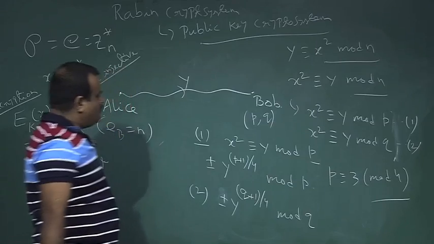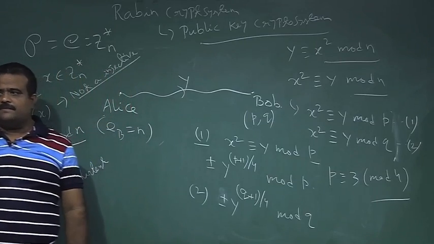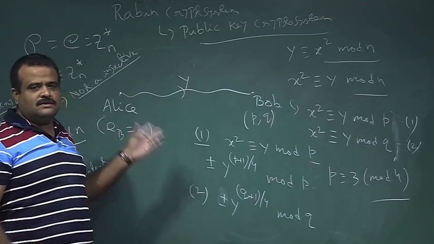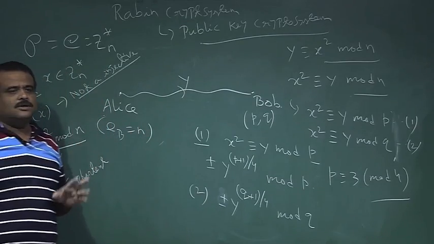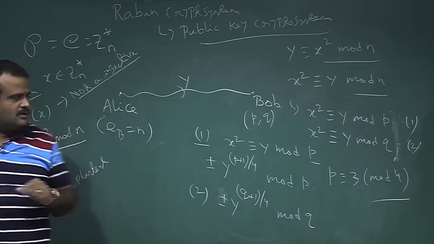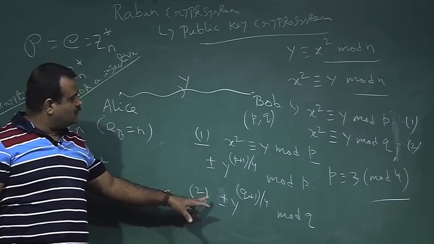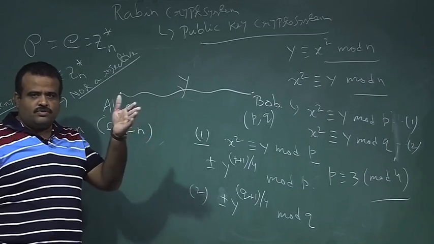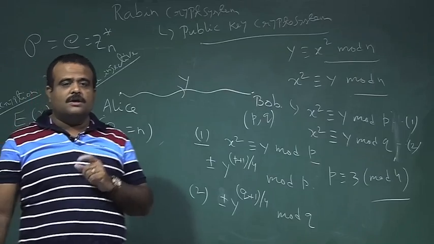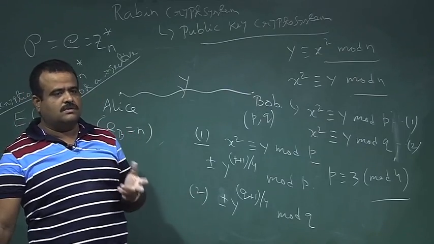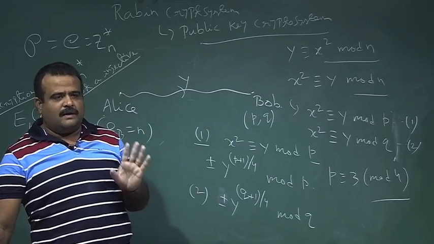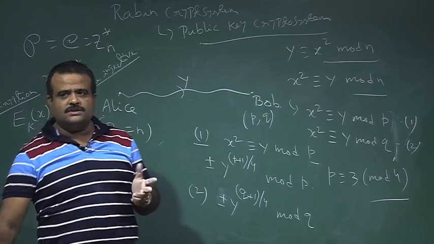So, basically we have 4 solutions, and these are the possible plaintexts. That is why the ciphertext is ambiguous, not unambiguous, because we have 4 x which are mapping to that y. So, Bob will be confused among these 4 about which one Alice chose. So, that is why this cryptosystem has the ambiguity.